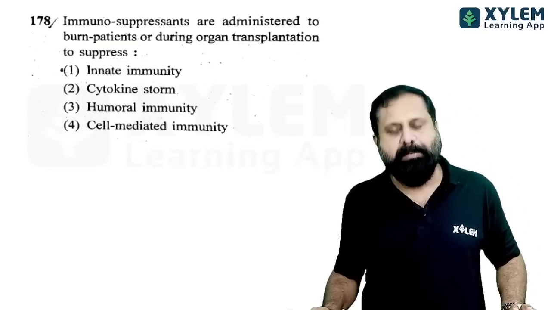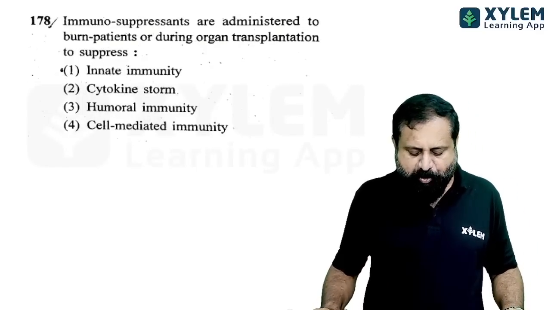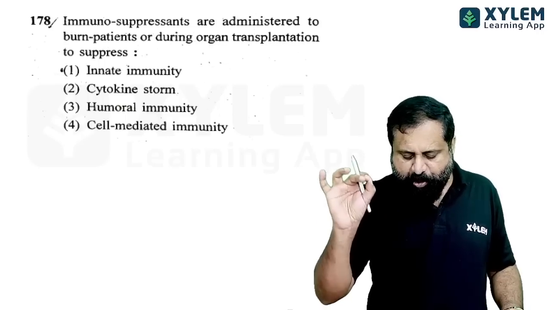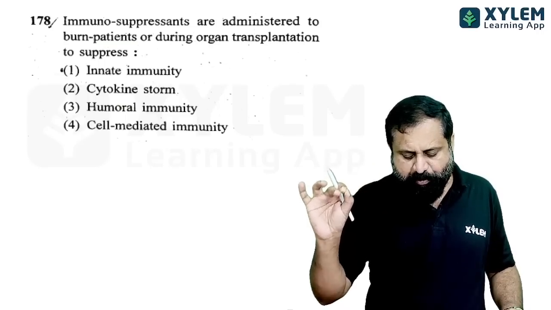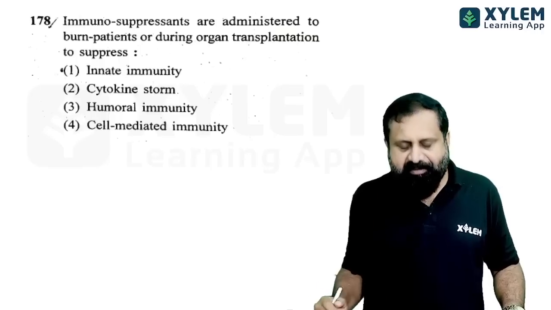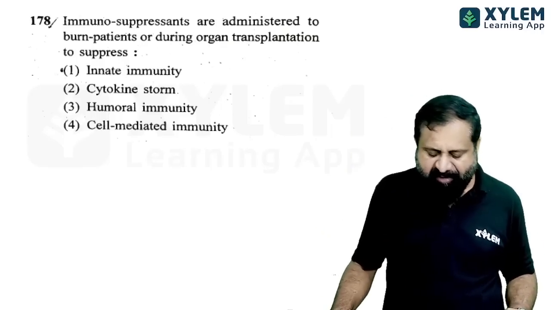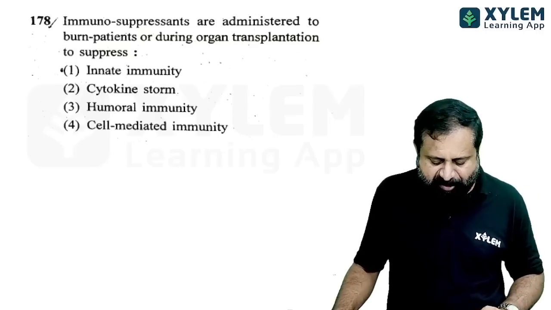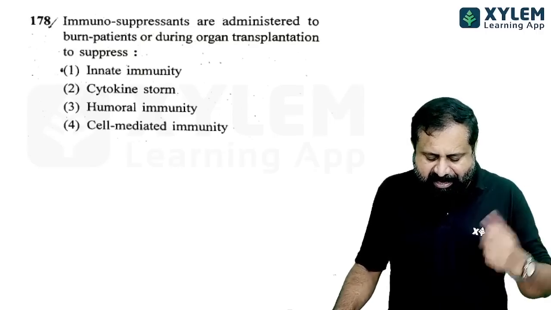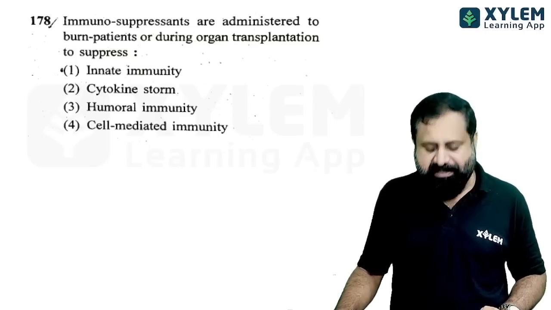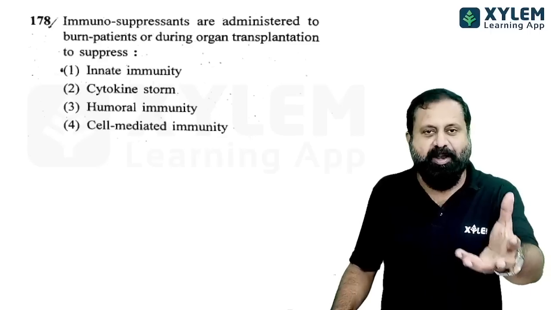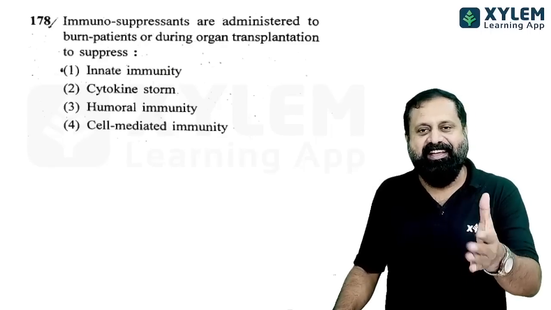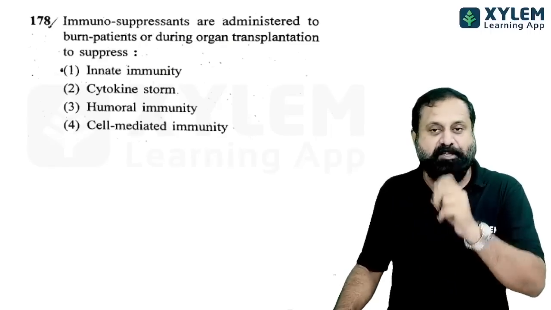178. Immunosuppressants are administered to burn patients or during organ transplantation to suppress. Just remember the microbes in human welfare. Which one is the right answer? 178. You can easily answer it. Cell-mediated immunity is the right answer. Here cyclosporin A can suppress cell-mediated immunity. We have 2 types of immunity.